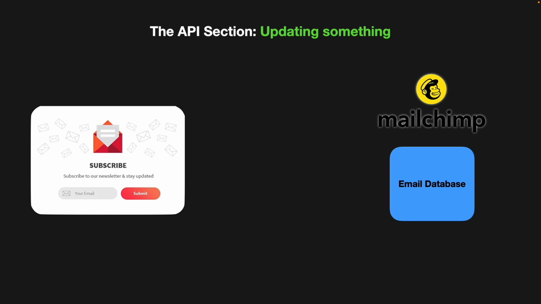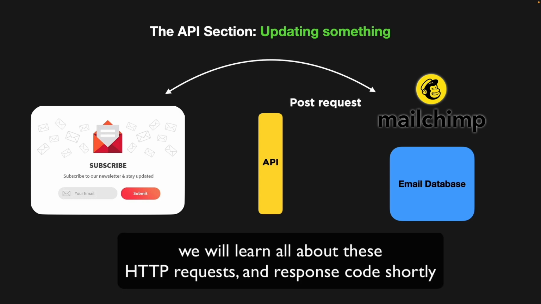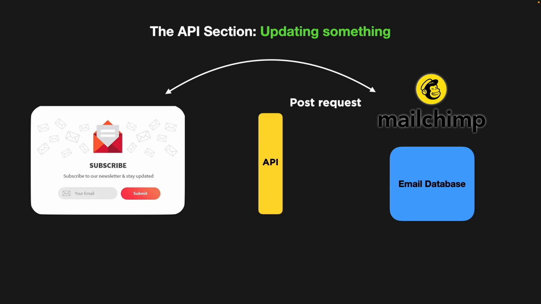And you want to be able to send the email that you collect each time on your website into a database on your MailChimp account. How would you do this? Again, using an API. You are going to read the documentation of MailChimp, get to know how to work with their API, and then all you are going to do is make a POST request. So this is a very simple example of different types of API.